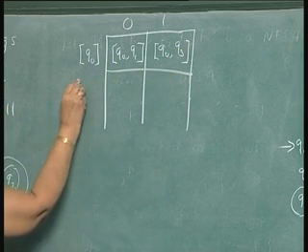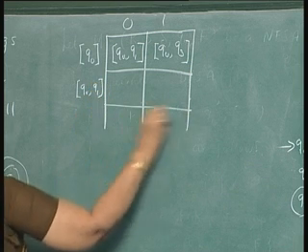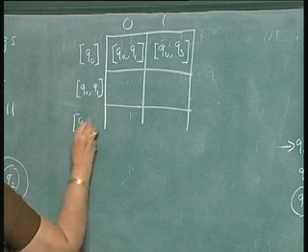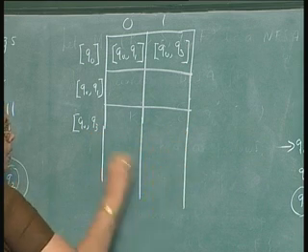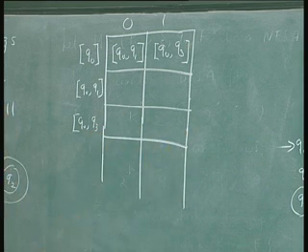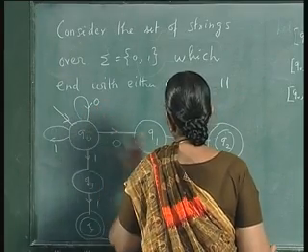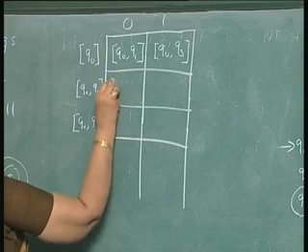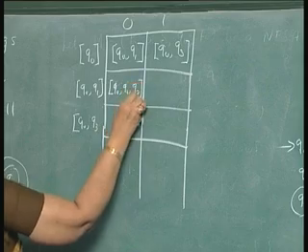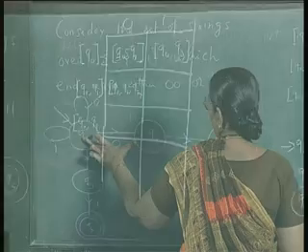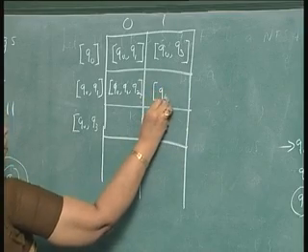Next you have to consider Q0 Q1 and Q0 Q3. From Q0 or Q1 if you get a 0, you go to Q0, Q1 or Q2. From Q0 or Q1 if you get a 1, you go to Q0 or Q3.